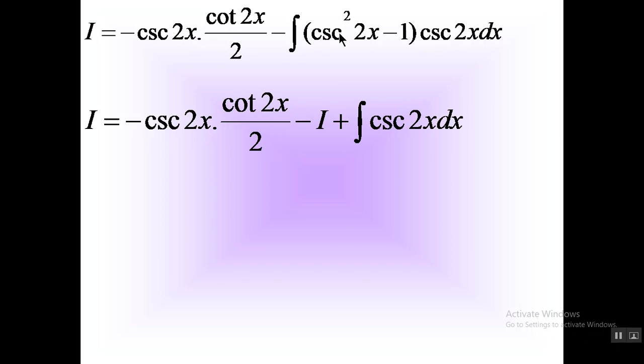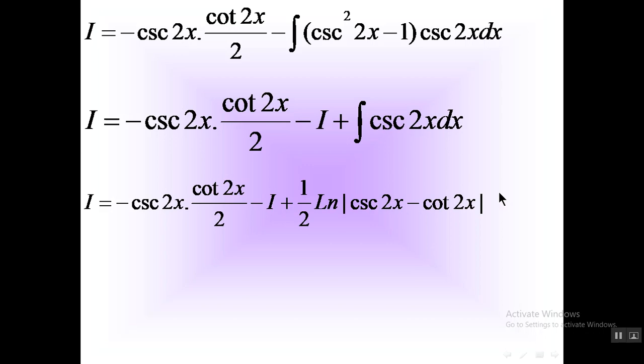And here if you expand it, cosecant squared multiplied by cosecant, you get cosecant cubed. And remember, we named it as I, so it's minus I. Then minus minus is plus cosecant 2x. And we already know the formula for the integral of cosecant 2x.